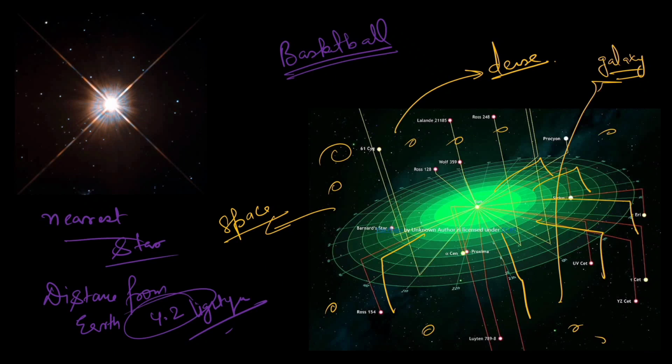The great majority of the volume in the galaxy is just empty space. There's no star, no planet, no nothing. I mean, this is a huge jump that I am talking about.